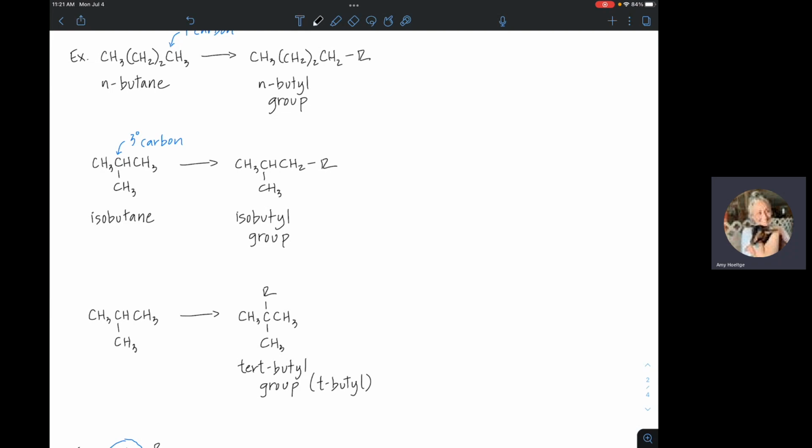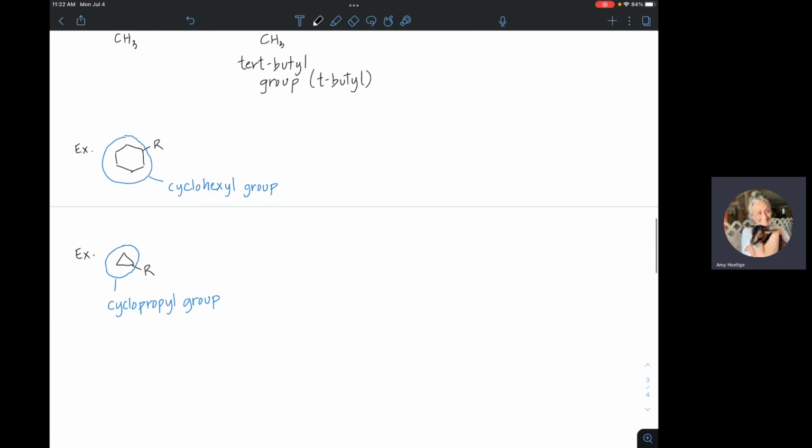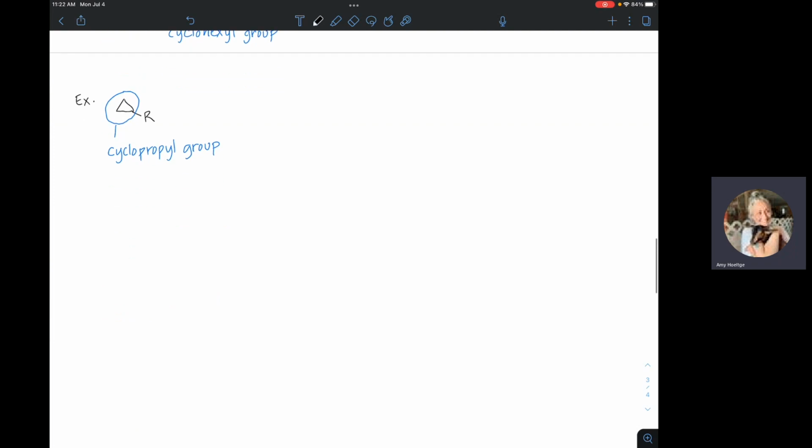In fact, N-butane should have a higher boiling point than isobutane because it's easier to polarize the electrons in that straight chain. Once we start moving groups inward and clustering things up, it just makes it a little more difficult to create that instantaneous dipole. So these do affect the physical properties a little bit.